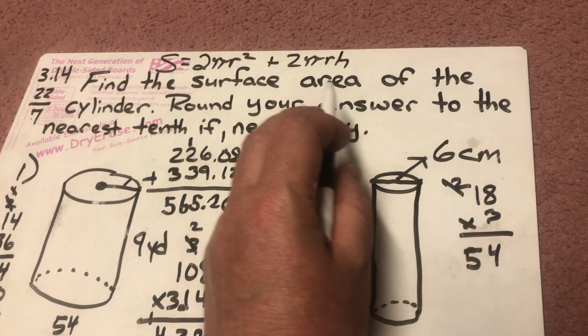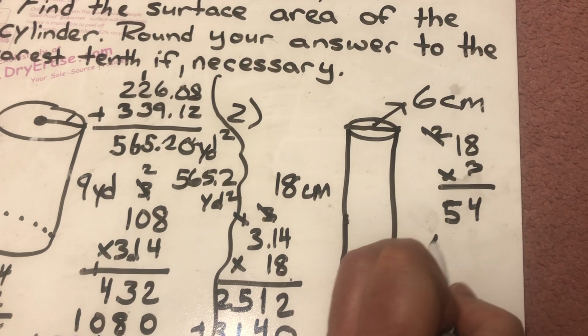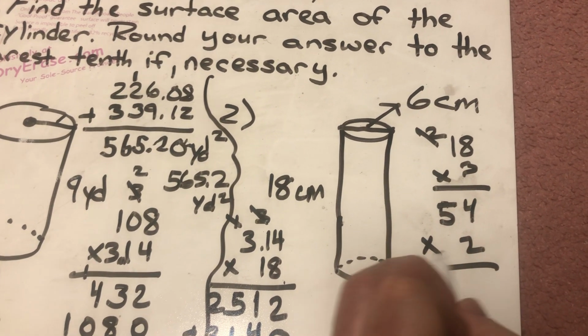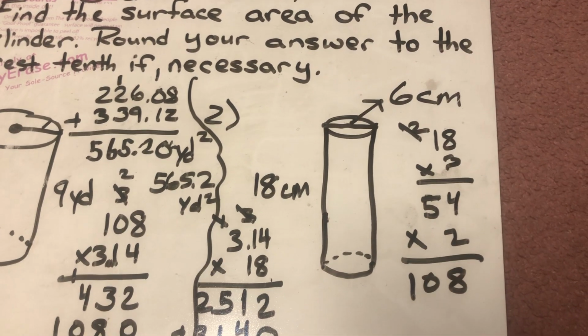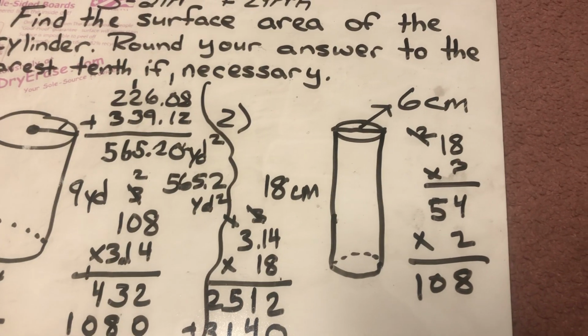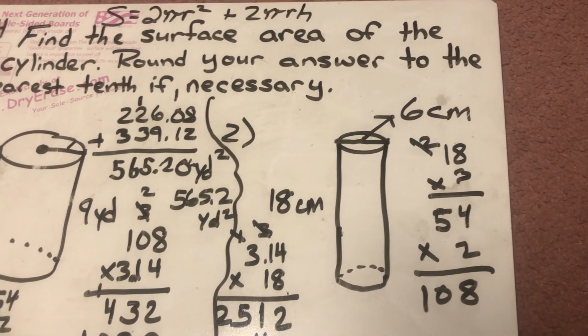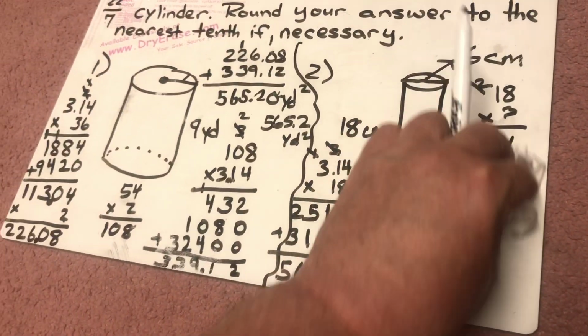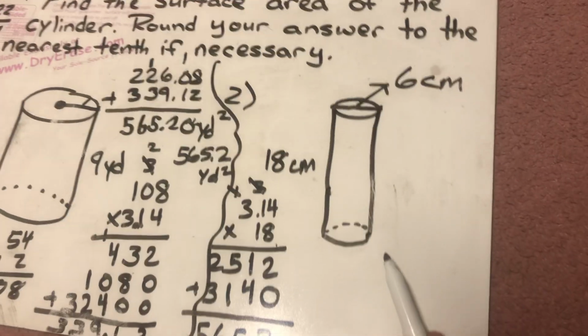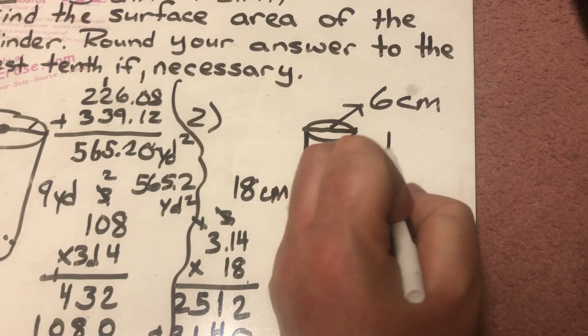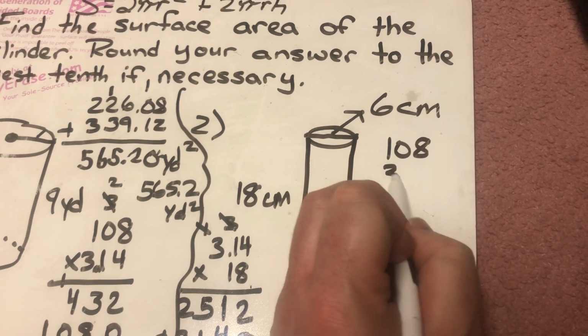I can take 54 times 2. 2 times 4 is 8. 2 times 5 is 10. I get 108, which means now I have to take 108 times 3.14 because 108 does not work well with 22 over 7.